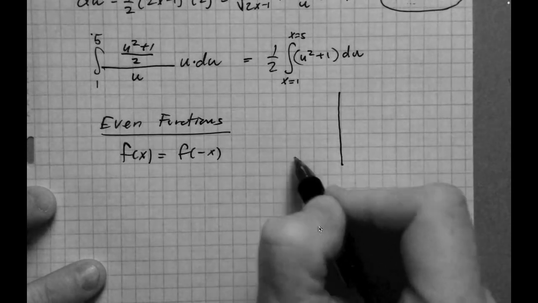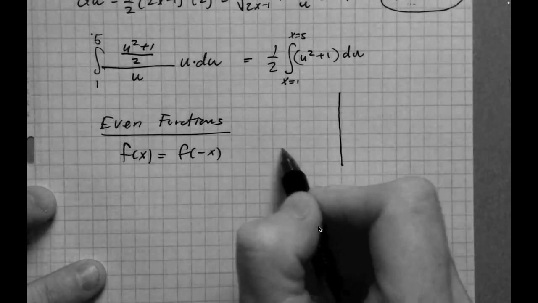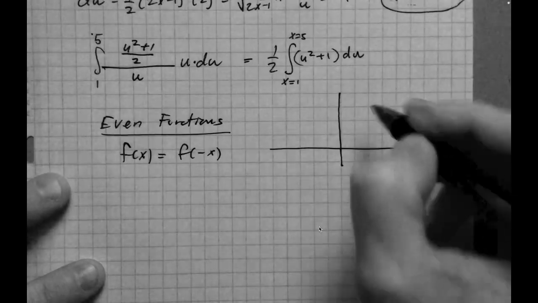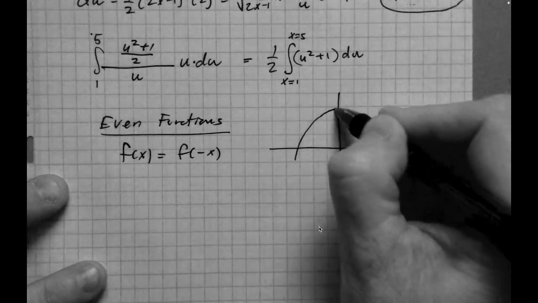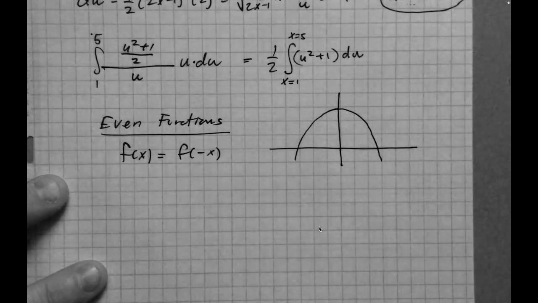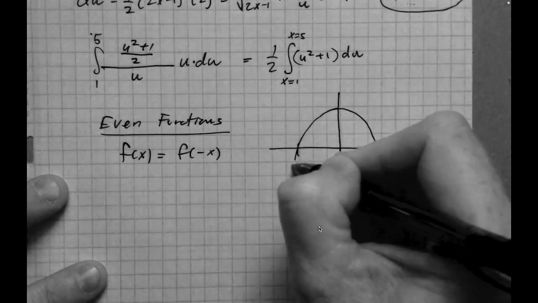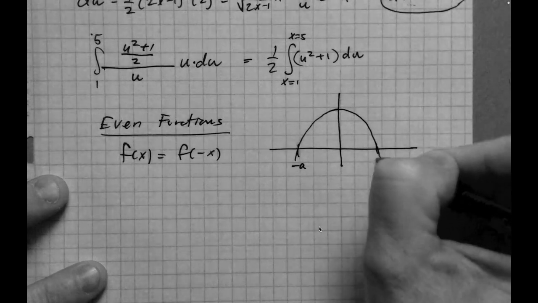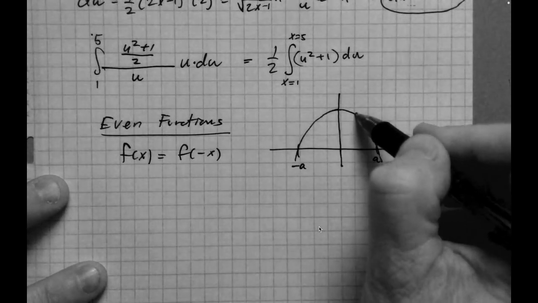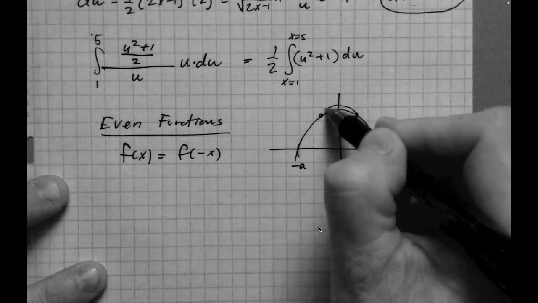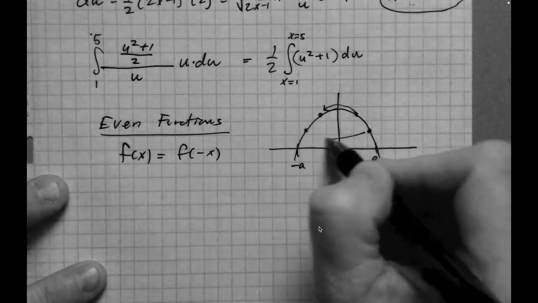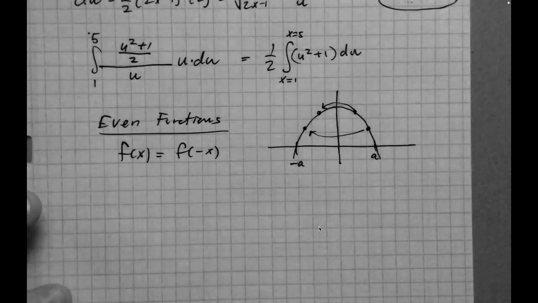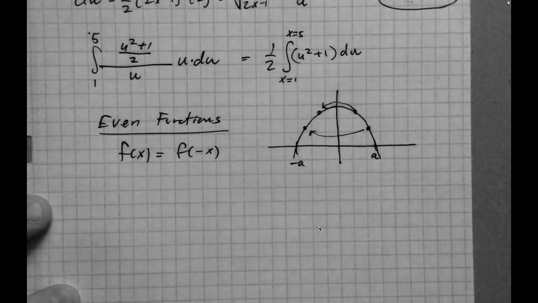A great example would be a quadratic equation, well, not any quadratic equation, but a quadratic that maybe looks like this. Okay, so maybe this is some value negative a, and this is the value positive a. You can see that the function is a mirror image of itself across the y-axis. Okay, so this is an example of an even function.